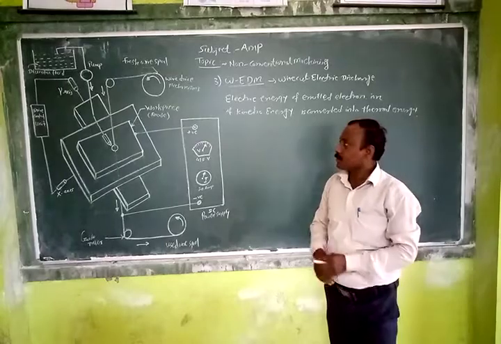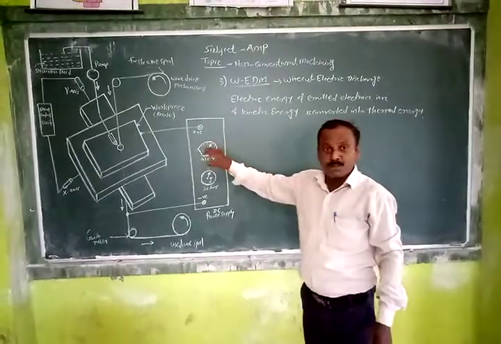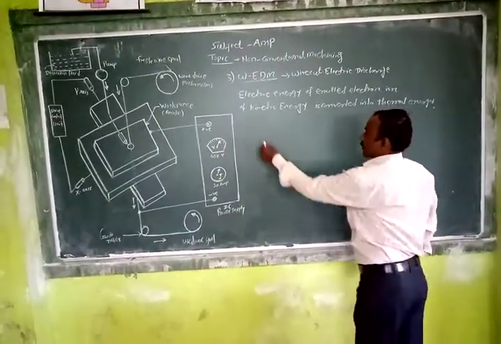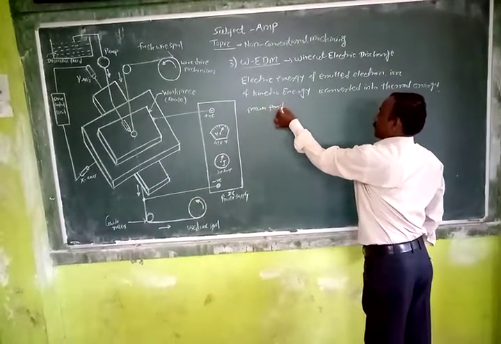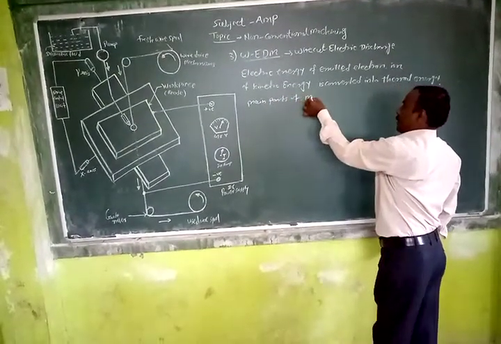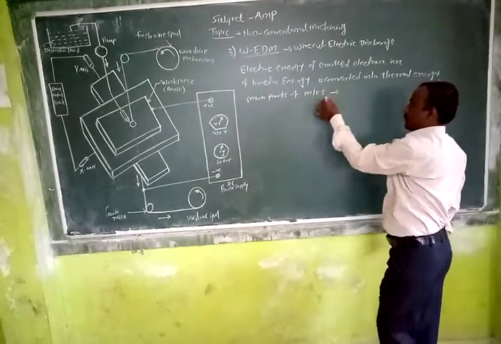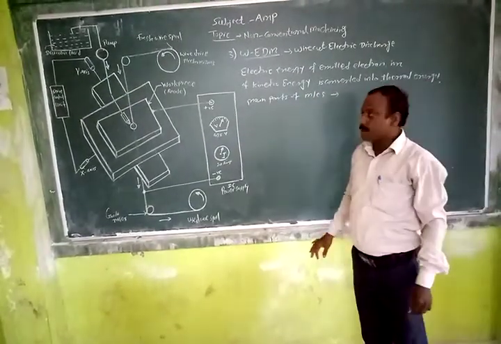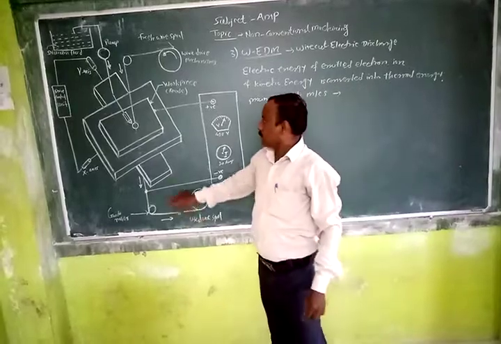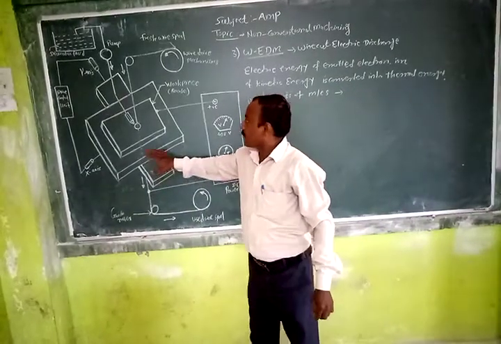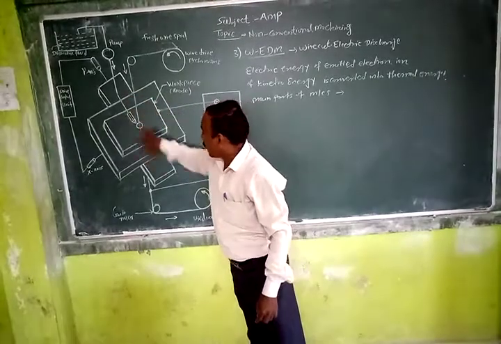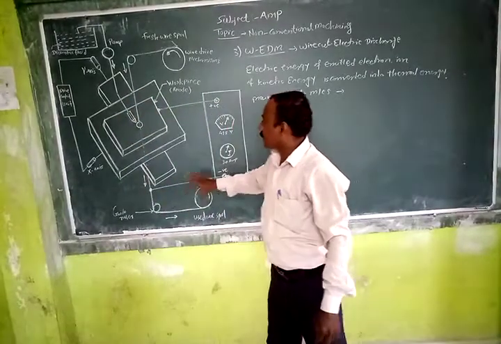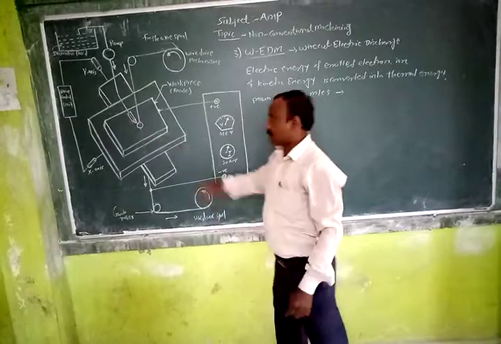Now, the main parts of this machine. First of all, there are two plates, the x-axis and the y-axis, between which the workpiece is placed.